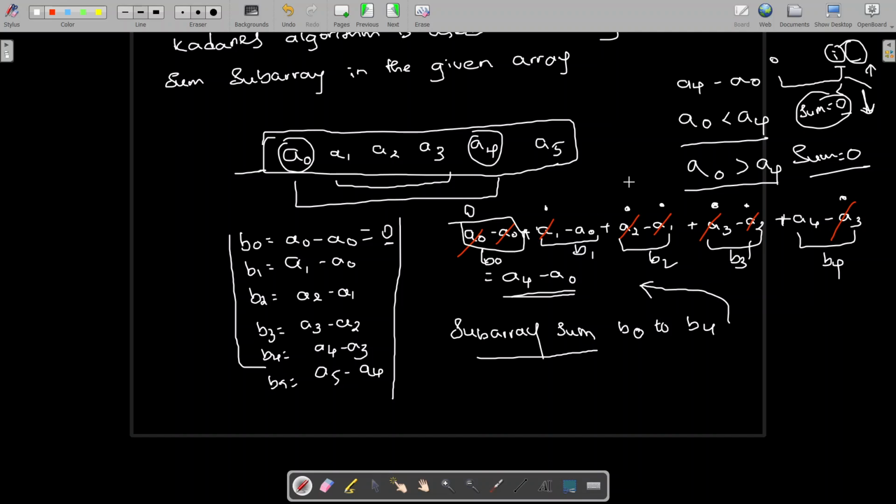So when the sum is going negative, we will make the sum zero. Why? Because we don't require the negative profit. But this algorithm can also work with negative values. When the interviewer asks this, you can say this algorithm can also work with negative prices. Wait, I will show you negative prices also.